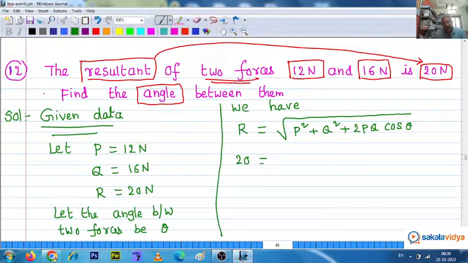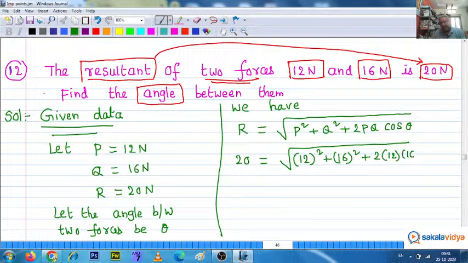R is equal to 20, equals the square root of P squared, 12 squared, plus Q squared, 16 squared, because the magnitude of the second force is 16 newtons, plus 2 times 12 times 16 times cos theta. Am I correct? Check this step.